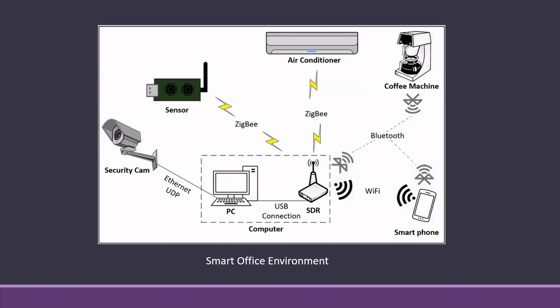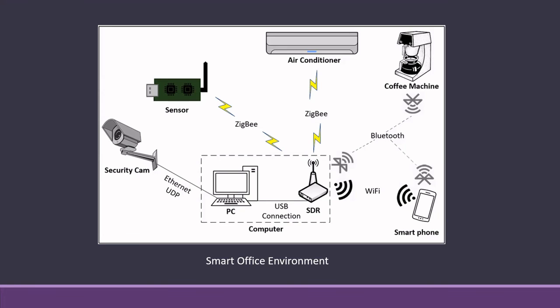So here is an image of a smart office environment. There's a PC and it's connected to the security cam, the sensors, air conditioner, coffee machine, and a smartphone. So all these machines are connected. If a person needs to see the security footage of a place in the office, he can use his smartphone and access the security camera through this smart office environment.